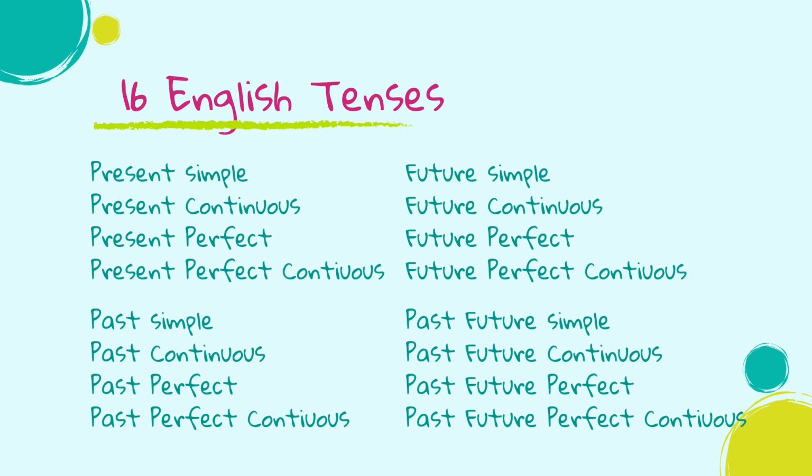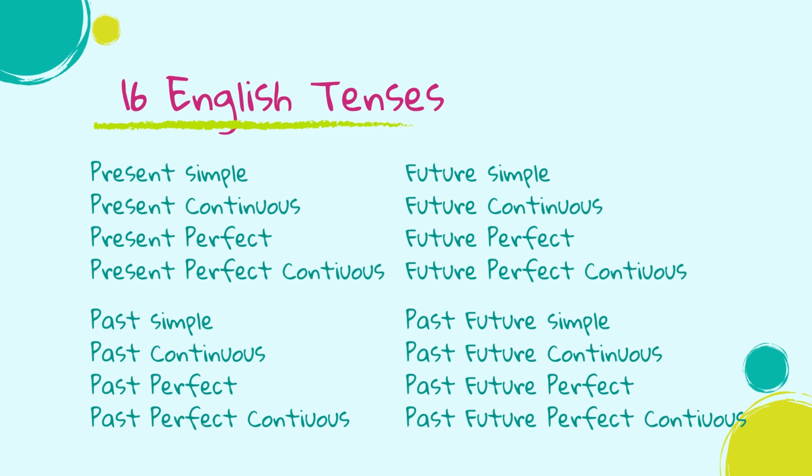In every section of time, there are subsections: simple, continuous, perfect, and perfect continuous. Every time has the same combination, the same thing but different time.